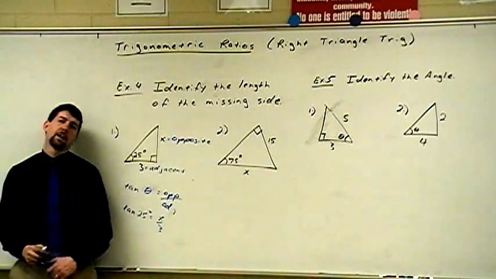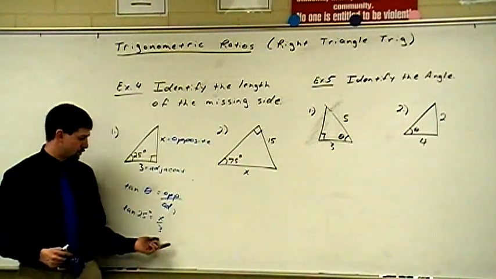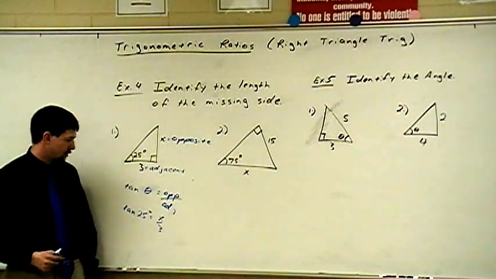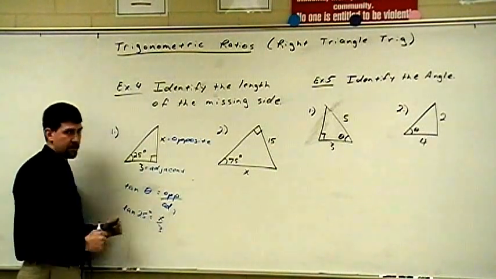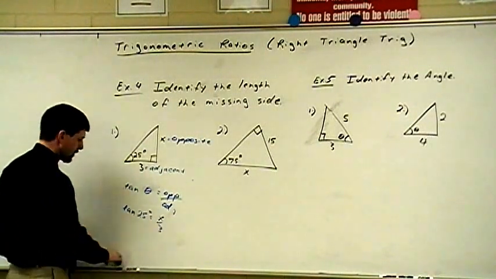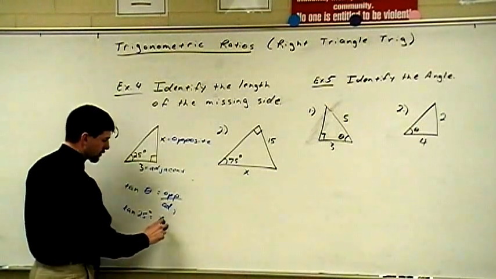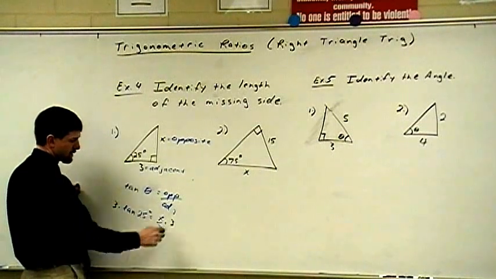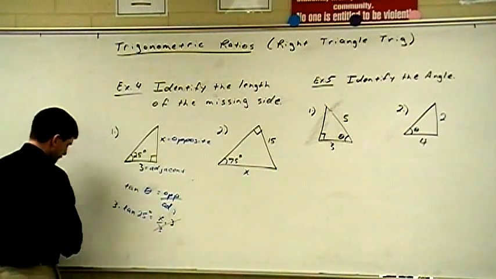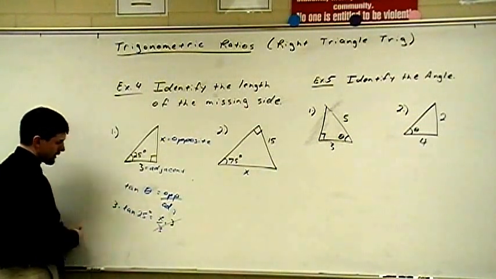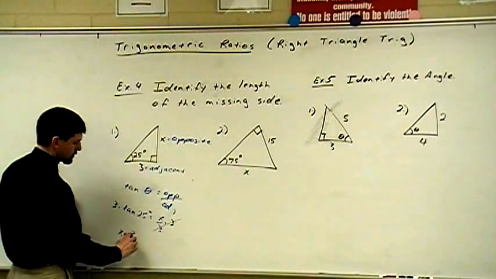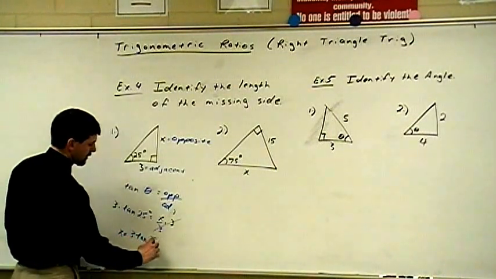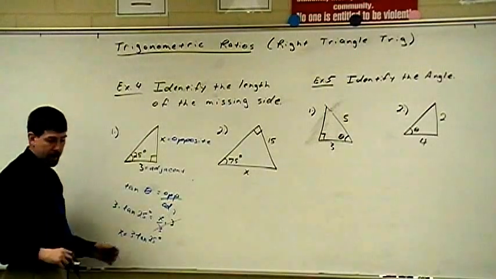Now if I want to know what x is, I've got to get rid of the 3. I've got to solve this equation. So if it's x divided by 3, how do we move divided by 3? We multiply by 3, so times 3 on both sides. So what I end up with is x equals 3 tangent of 25 degrees, whatever that happens to be.